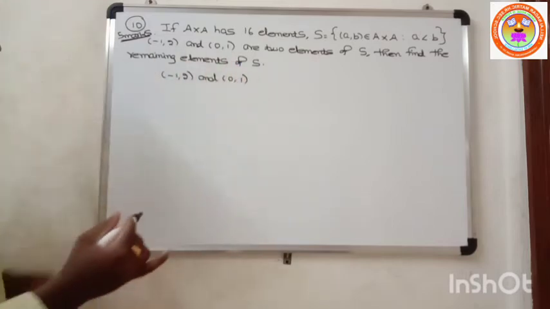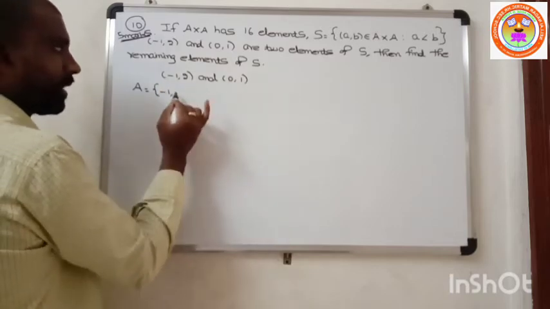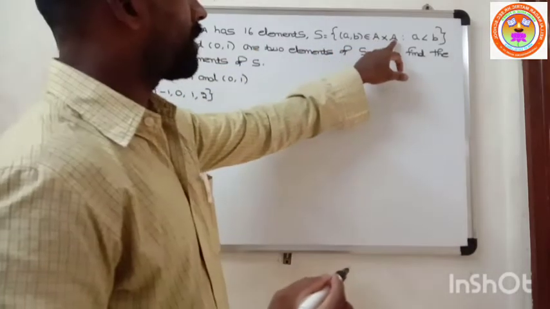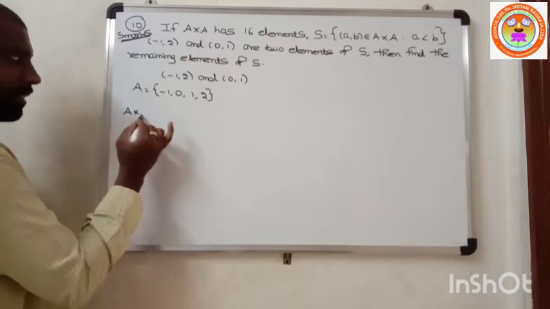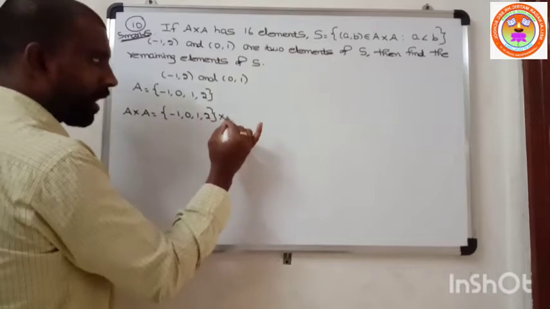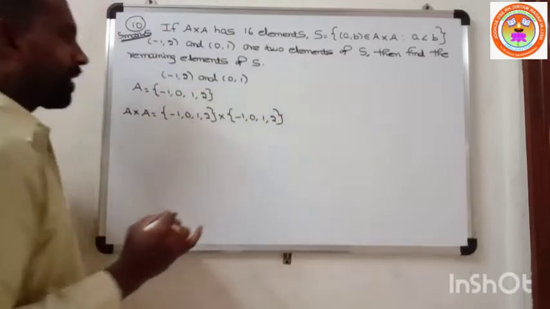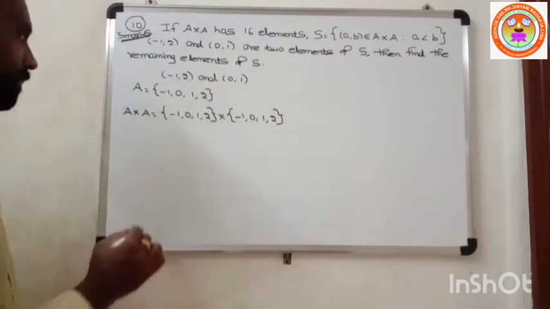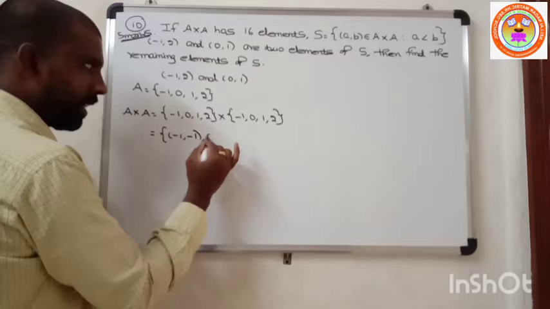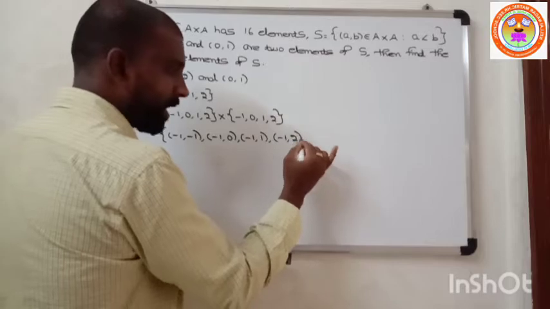These two combined, so A equal to the smallest value -1, 0, 1, 2. A cross A: {-1, 0, 1, 2} cross {-1, 0, 1, 2}. What's the meaning of the cross? Set of ordered pairs. So (-1,-1), (-1,0), (-1,1), (-1,2).